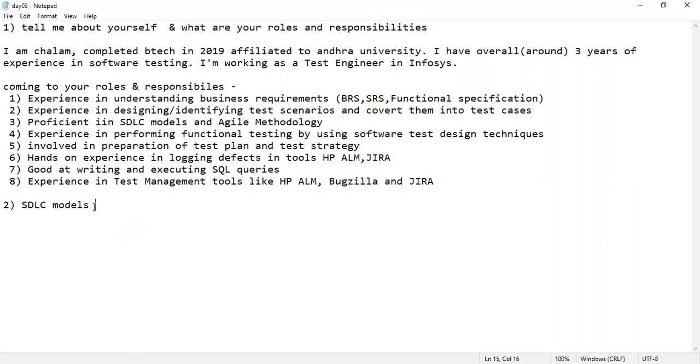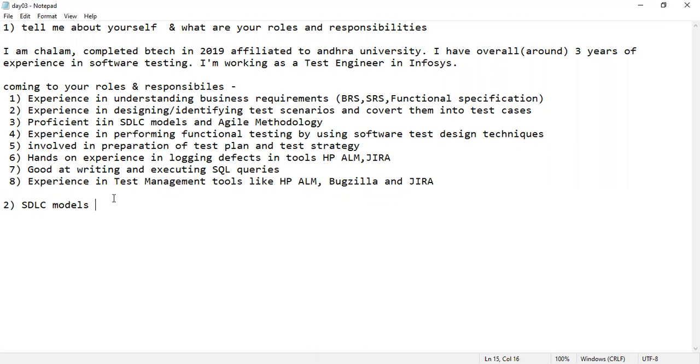It is a process, but what do they want to do by using this model? We are using this model for designing, developing, and testing the software. Okay. So SDLC is basically used by the software industry to design, develop, and test the software.